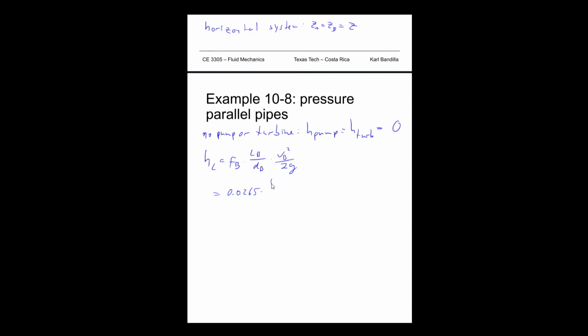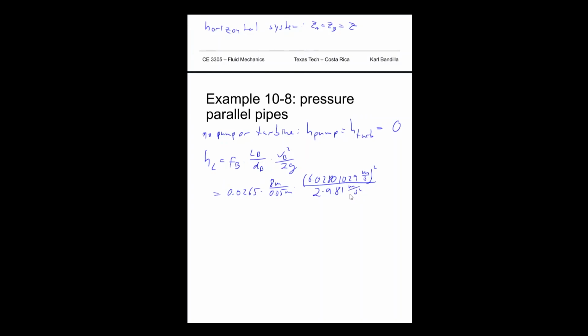The length of B was 8 meters, and the diameter is the same everywhere, 0.05 meters, times the velocity squared, 6.028011029 meters per second squared, divided by 2 times 9.81 meters per second squared.